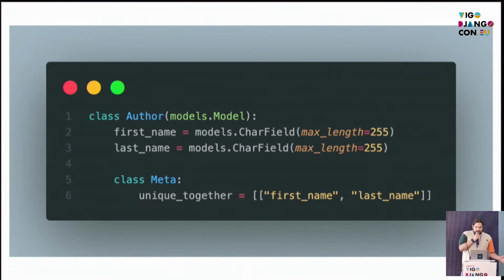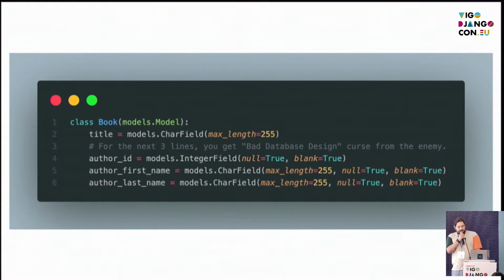And the first attack came, it was like nothing. It's a basic class even with a unique_together, so I don't know if it was trying to help me or what. But then the real attack begins. So I got this Book model, that has a title, that's fine. But for the next 3 lines, I got the bad database design curse from the enemy.